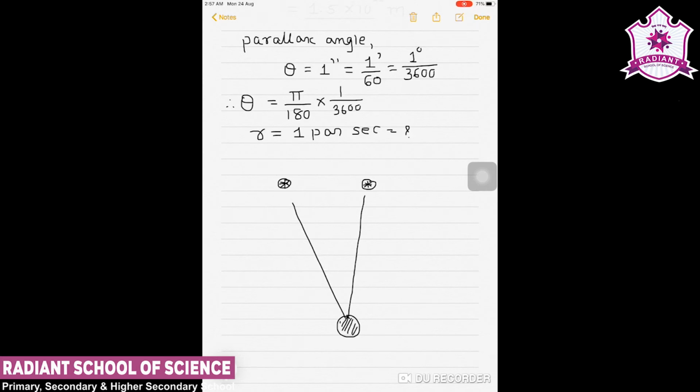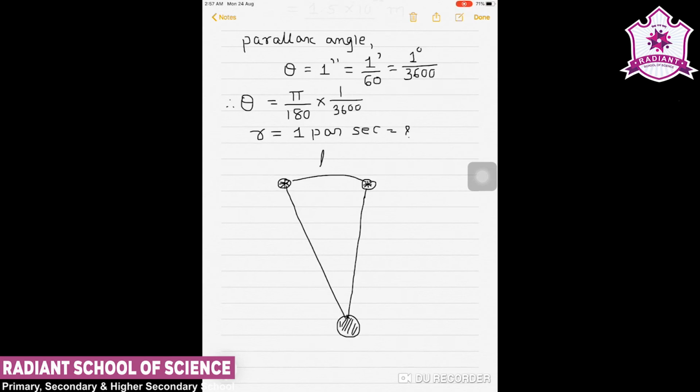Say this is the point of observation and this is the condition. Now we can say that angle is equal to arc upon radius.